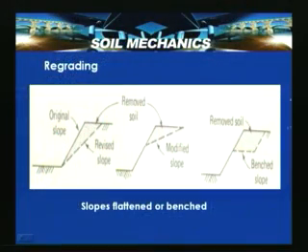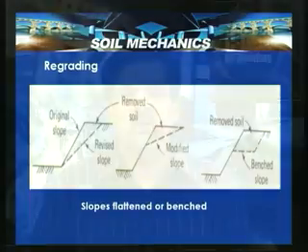In this case, the slope will tend to behave like two slopes, one here and one here, with this being the new slope surface after removing this portion of soil. The benching technique, also a regrading or flattening technique, increases the factor of safety of a slope, and works out as one of the simple options for improving the performance of a slope.